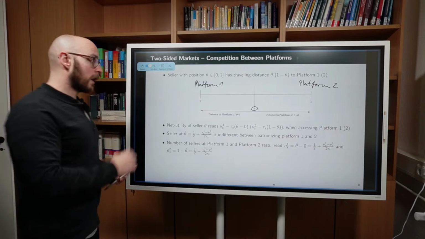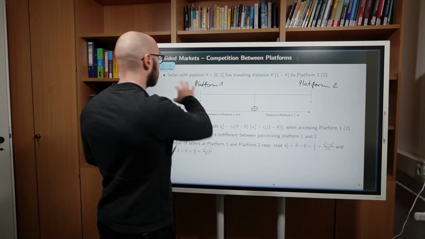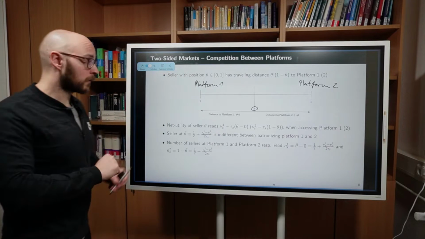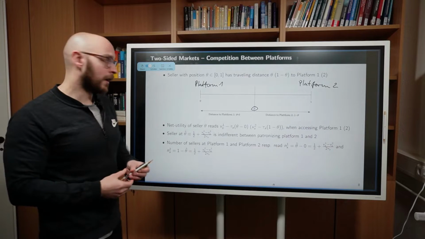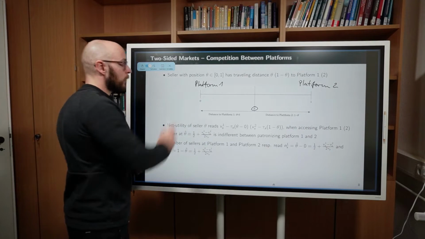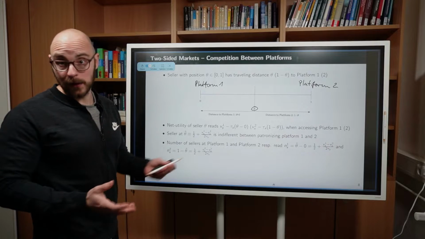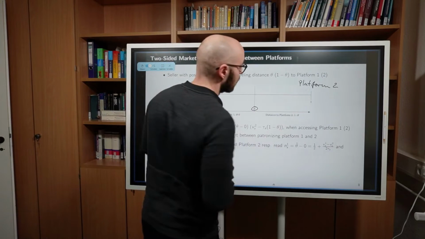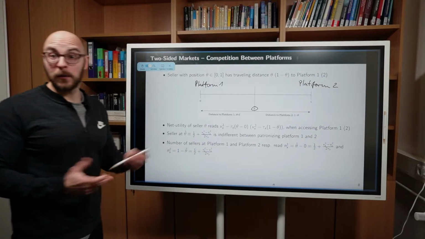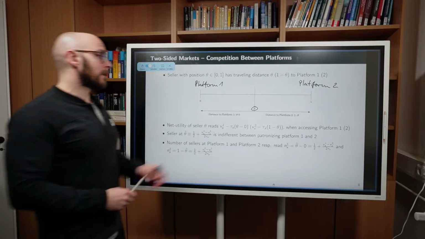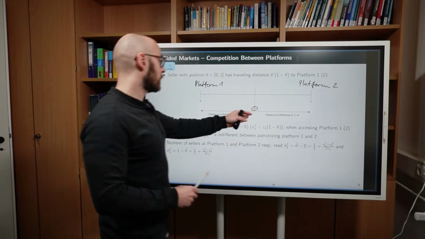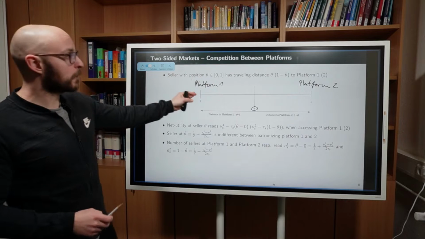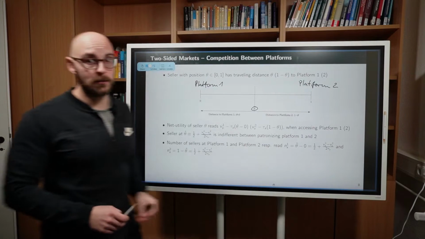Now, what happens here? Suppose it is a seller, so it's a game developer. And suppose that platform 1, located to the left, is the Xbox, and platform 2, located to the right, is PlayStation. The seller decides whether to develop a game for the Xbox or for the PlayStation.